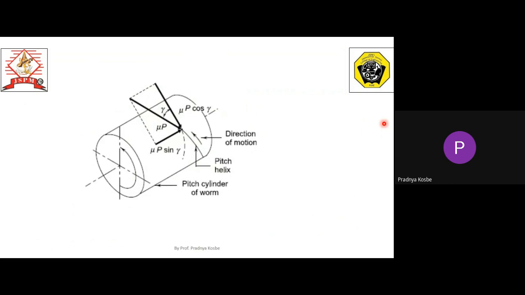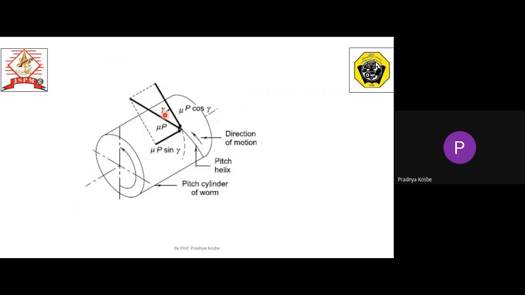So there will be two components: mu P cos gamma in the tangential direction, and the direction of this component is the same as that of Pt, and mu P sin gamma is in the axial direction, and this direction is opposite to the axial component.